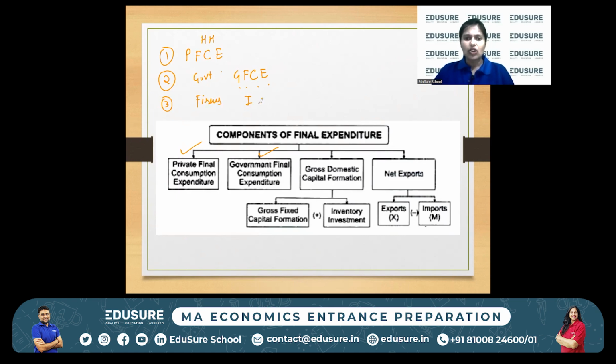Investment is technically called gross, so that means it does not subtract depreciation. Domestic, we know what domestic means. Capital formation means addition to capital. So this means gross domestic capital formation. So that is nothing but the investment of firms. That's the third component, gross domestic capital formation.